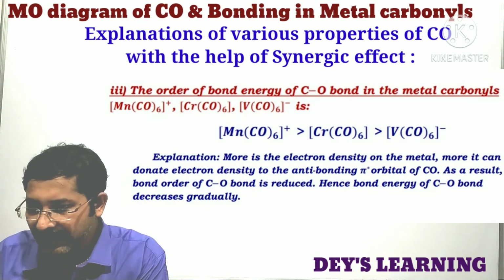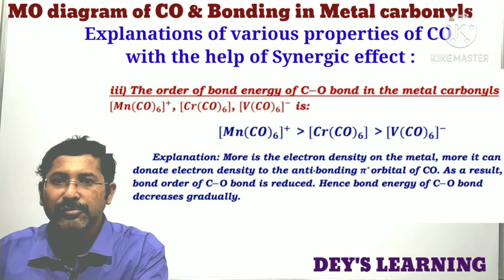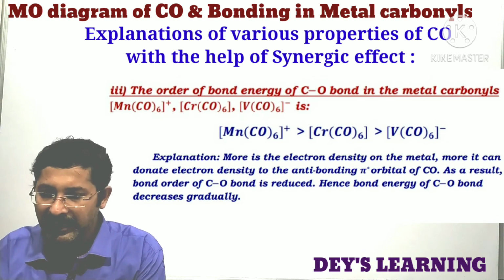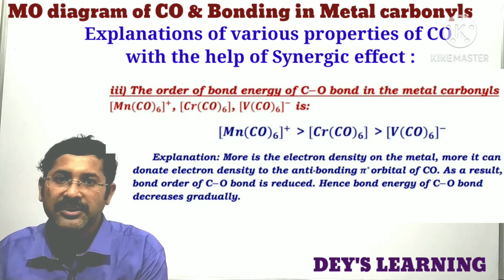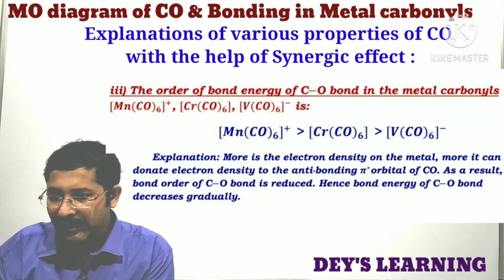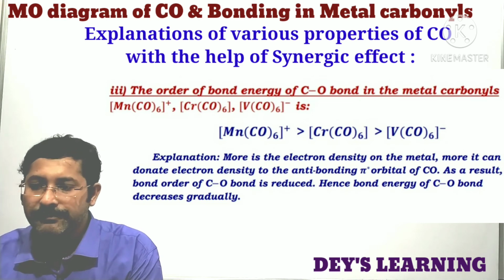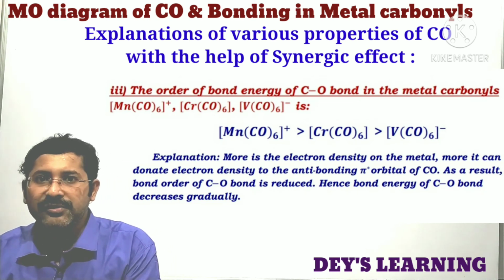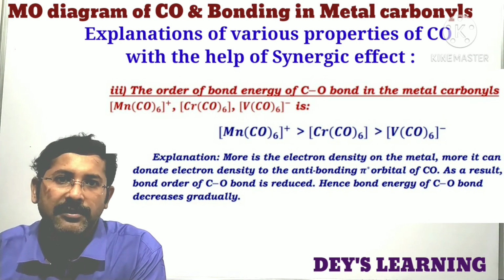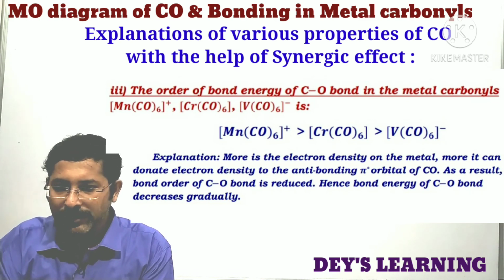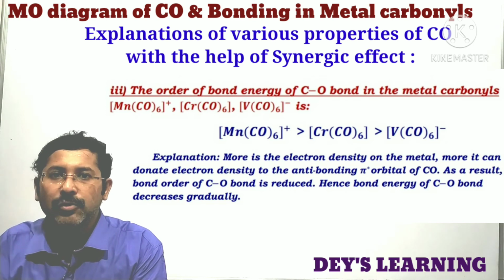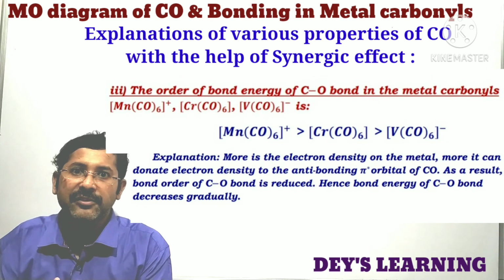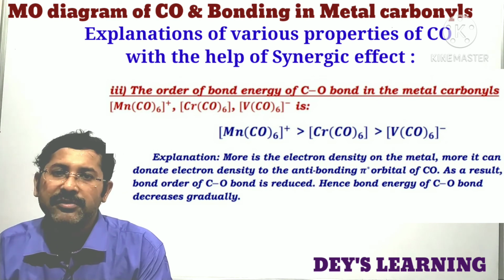Look here, vanadium actually contains one negative charge. Here chromium metal is neutral, and here manganese is positively charged. So the electron density on vanadium is highest. So vanadium can donate higher electron density to the antibonding orbital of carbon monoxide, and when antibonding orbitals acquire some electron, the bond order decreases, and when the bond order decreases, the bond length automatically becomes larger.